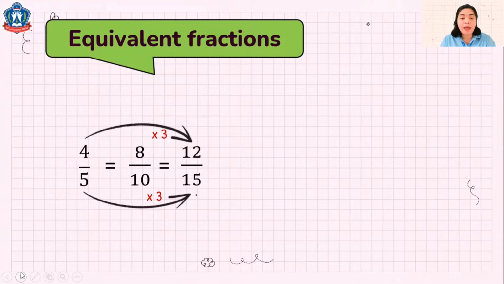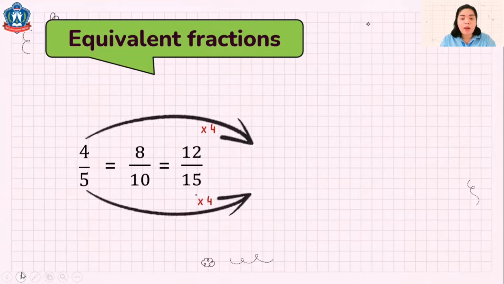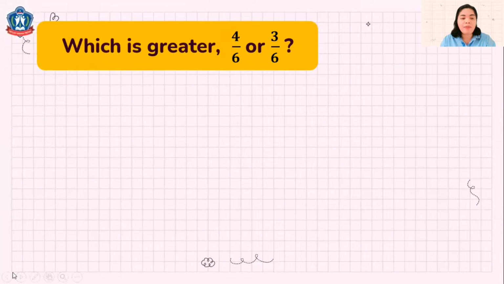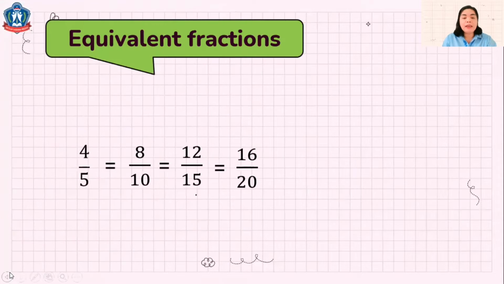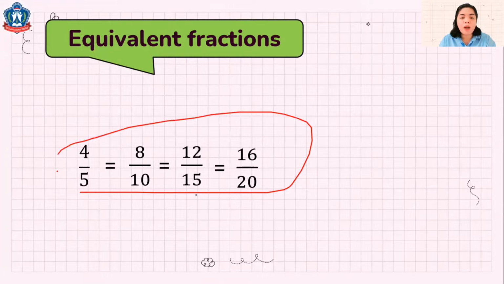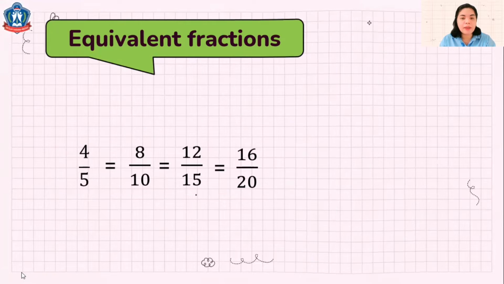It will give us 12/15. And we multiply by 4. This is equal to 16/20. So these 4/5, we have the 8/10, 12/15, and 16/20. All of these four are what we call equivalent fractions. So they have the same amount.